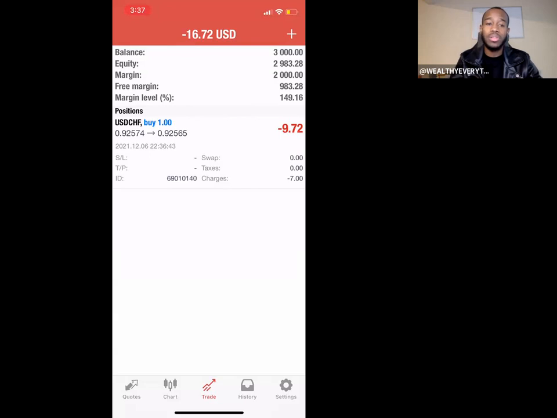If it was a 0.01, it would be 7 cents, right? So basically it's like a 7% fee on the trade, and it's a small fee, typically within 1 pip of the trade that you take, that it will be made back and recovered plus some profit.